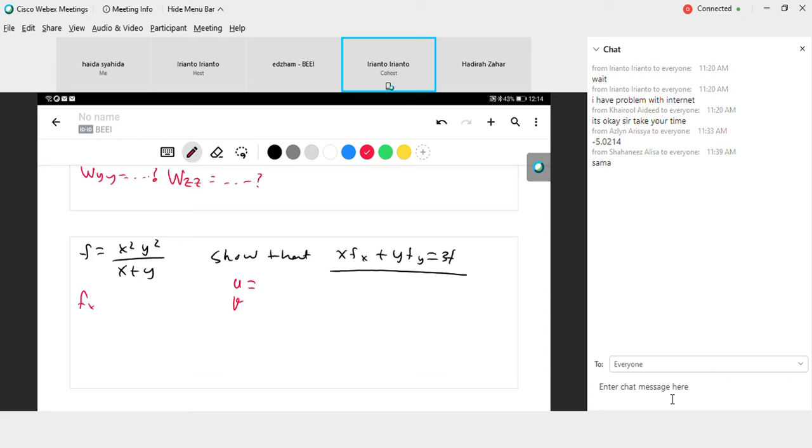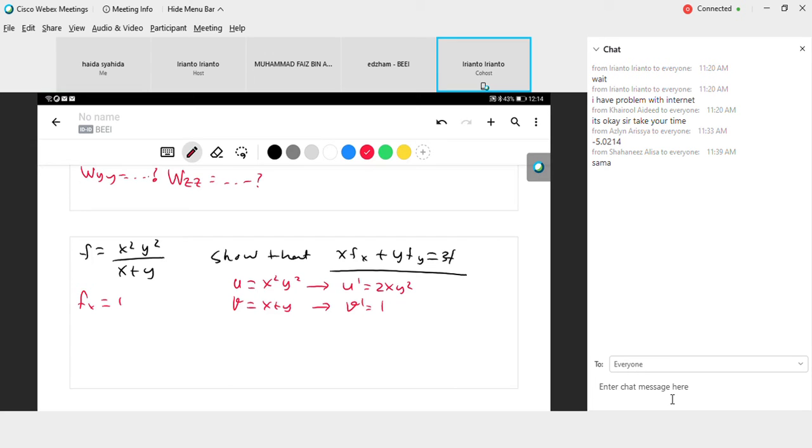So what is u? x squared y squared. What is u prime? 2x y squared. And v is x plus y. What is v prime? One, differentiating with respect to x.